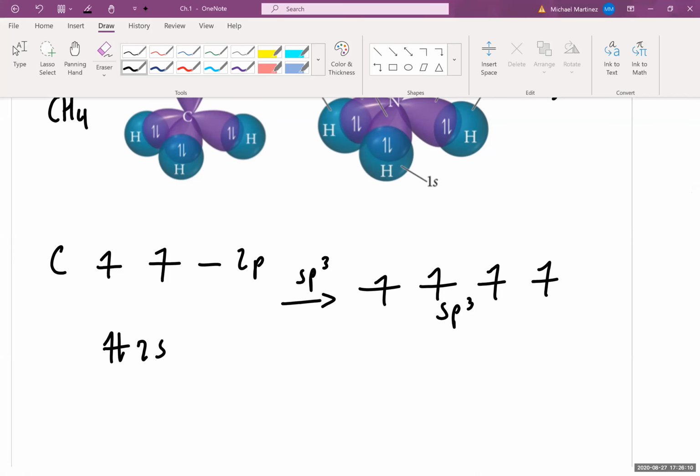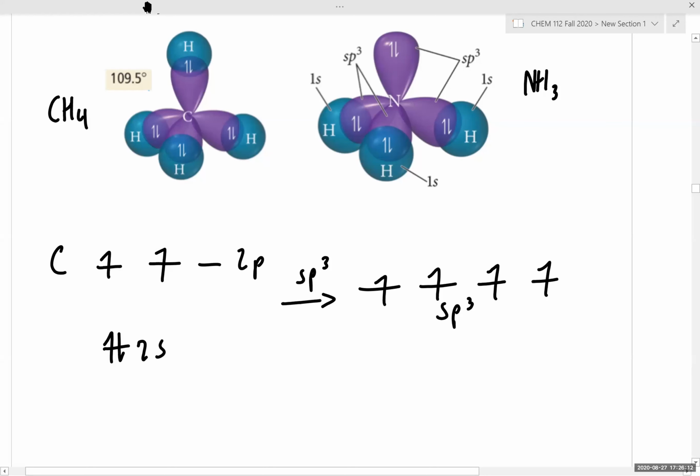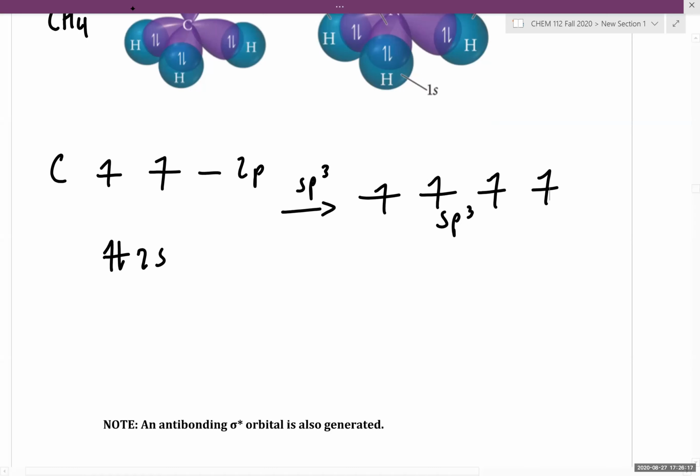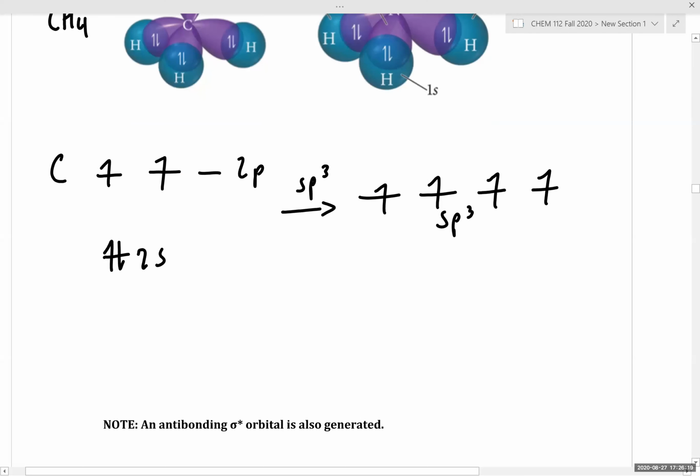Now to form our carbon-hydrogen bonds, we're going to overlap one of our sp3 orbitals that is half filled with our hydrogen 1s orbital.